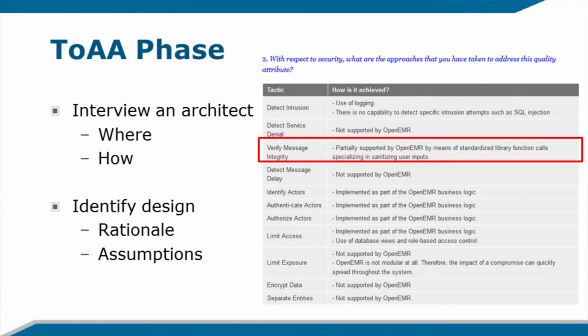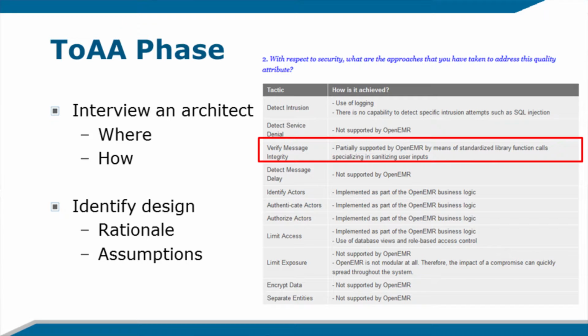We conducted an interview with the architect regarding where and how these tactics are used throughout the software. Then we also talked about particular design solutions the architect either developed or had in mind: what assumptions the architect made, or what the rationale was for any particular security solution in the software.